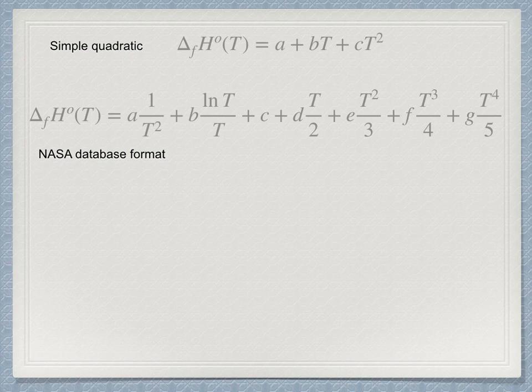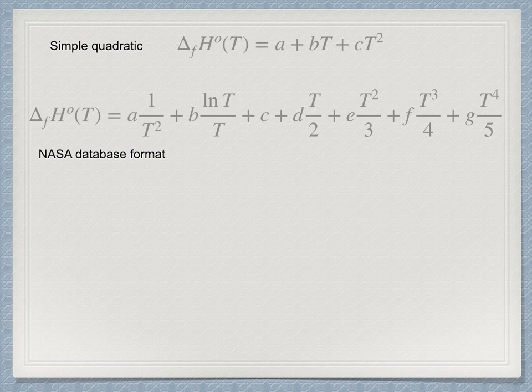Each substance has its own set of parameters for A, B, C, D, E, F, and G. The same set of parameters in a different function are used for entropy calculations. As you can see, a student could calculate this for all partners in a reaction and then use the same products minus reactants to find delta H naught reaction and delta S naught reaction at any temperature, and then find delta G naught reaction and hence K.